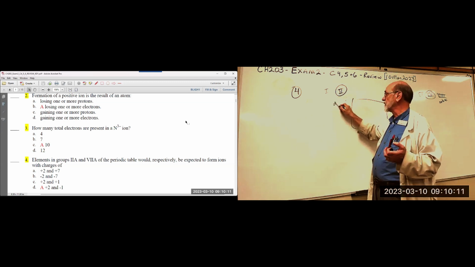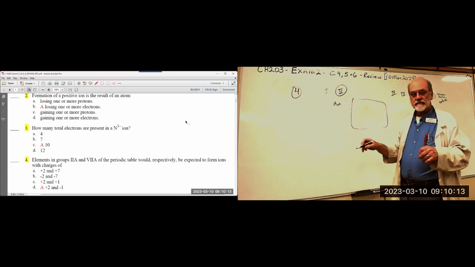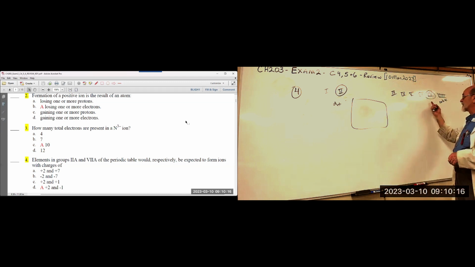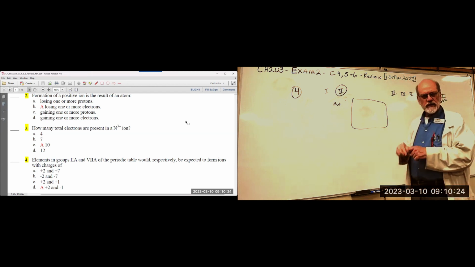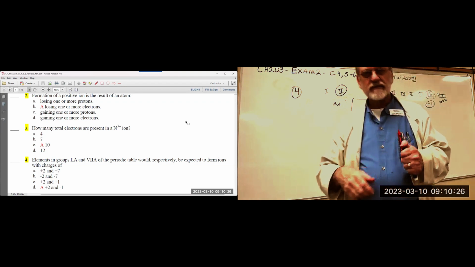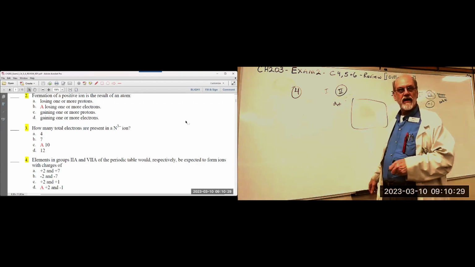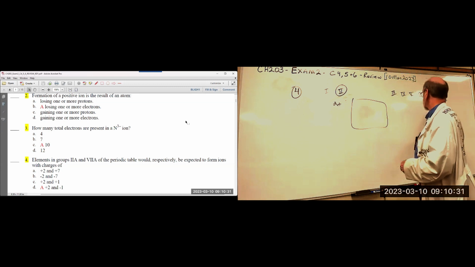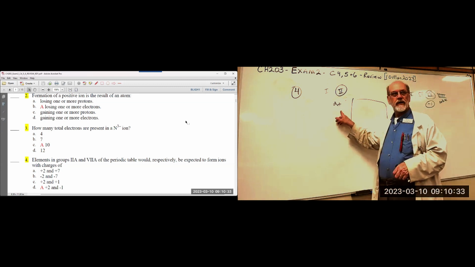So that means it would be a preferred 2+ charge. On this end, the 7s are very close to having an octet. So they form ions where you gain an electron. So we've got a +2 and a -1 would be their preferred ions. These are the halogens. These are the alkaline earths.